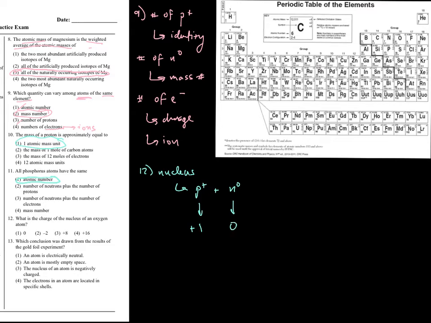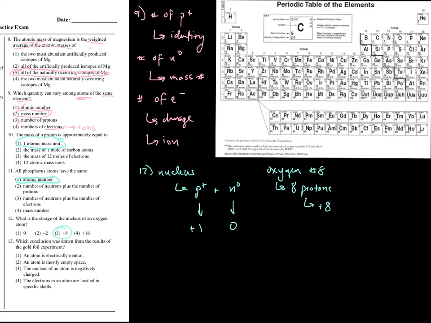So oxygen here has how many protons? It's the number 8. It's the 8th element, so it has 8 protons. Since neutrons have no charge, it's just 0, so all of this is a charge of +8 in the nucleus. Where are those electrons? They're outside, so they don't count here.